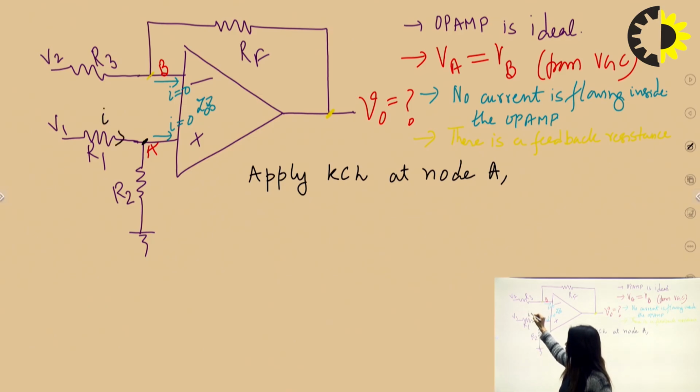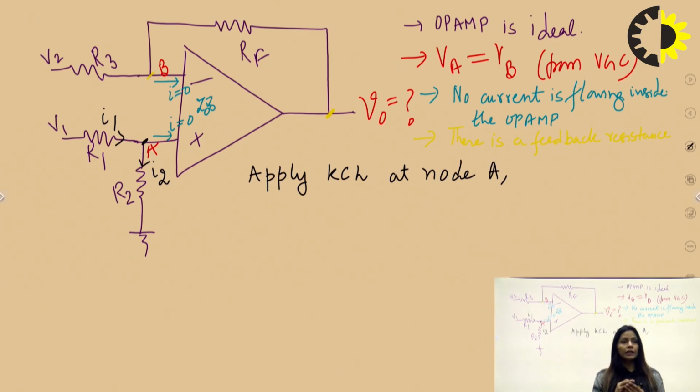So I can assume one current I1 in this particular branch, and I2 in this particular branch. From Kirchhoff current law at node A, we know that the sum of incoming current at node A should be equal to the sum of outgoing current.